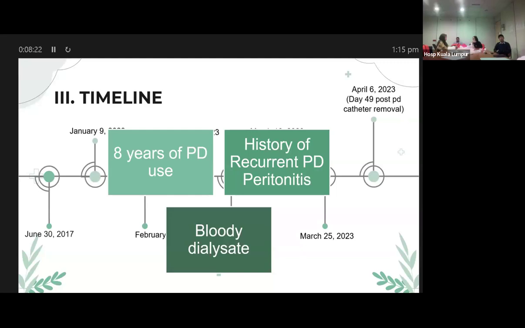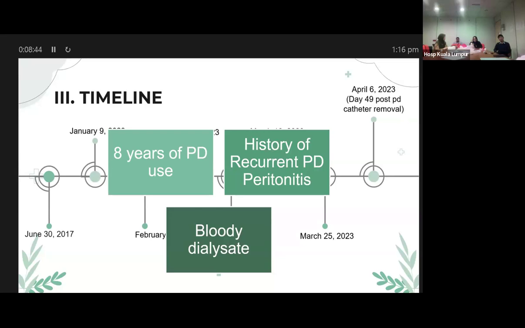So for the last episode of bloody dialysate, I think it's good to know whether this bloody dialysate is associated with any abdominal symptoms, abdominal pains, or just a discoloration of PD fluid, or any constitutional symptoms as well.